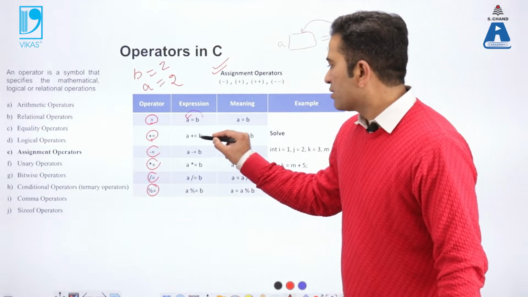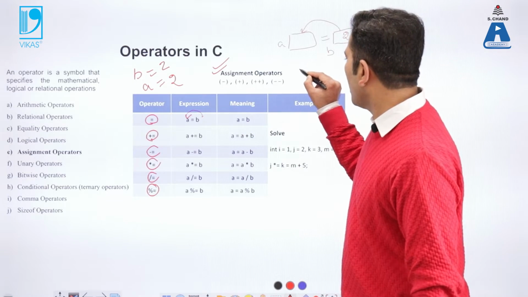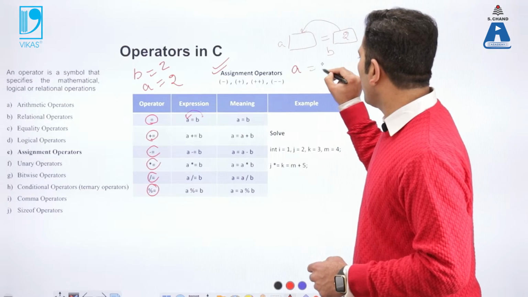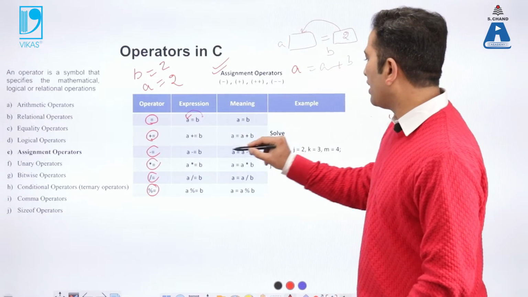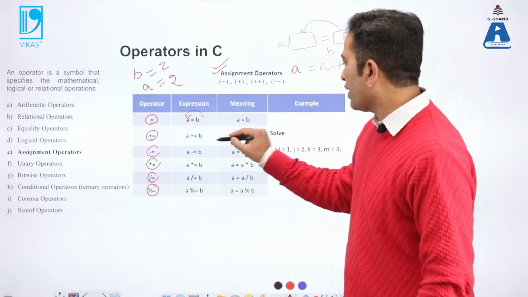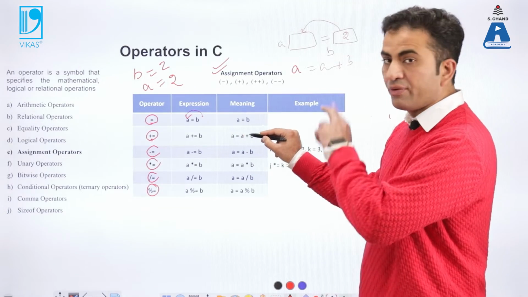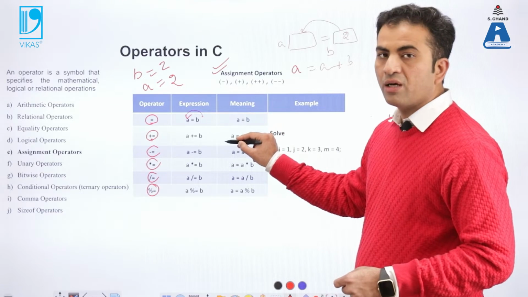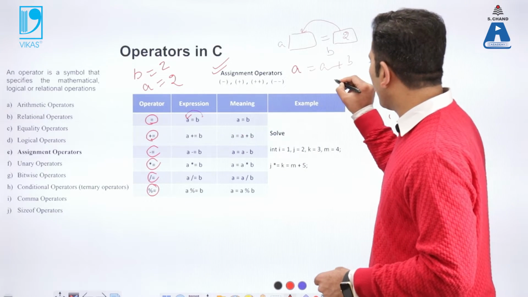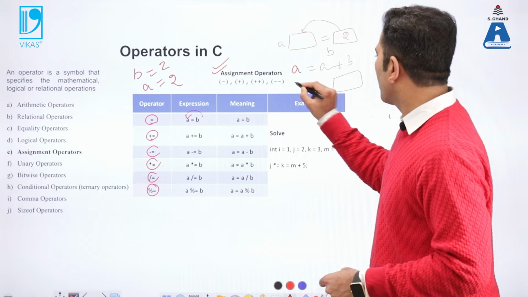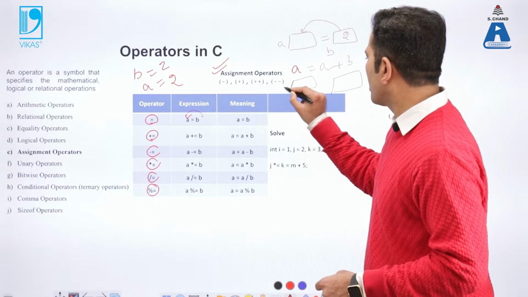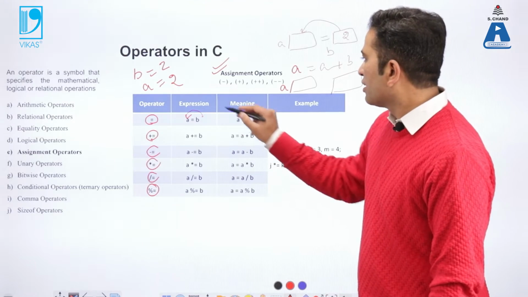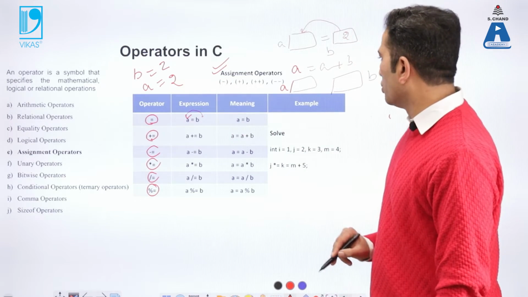Then A plus equal to B. The meaning is A equal to A plus B. What is the value of A? The value of A will be added with the value of B, and the sum is updated in the variable A. Say this is A, this is B, and the value of A and B is 2.